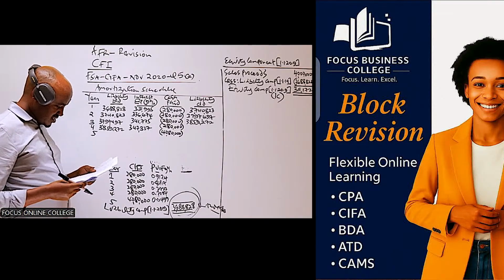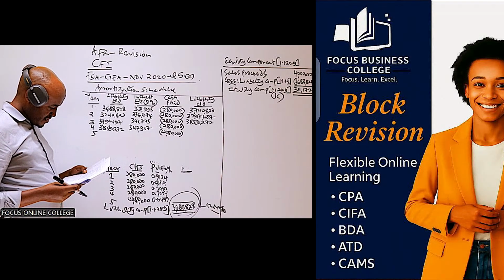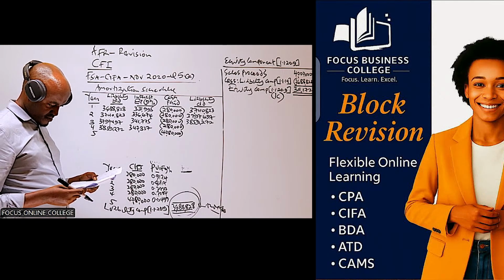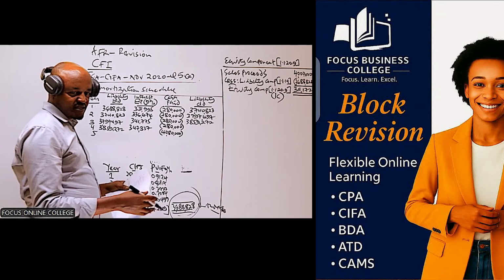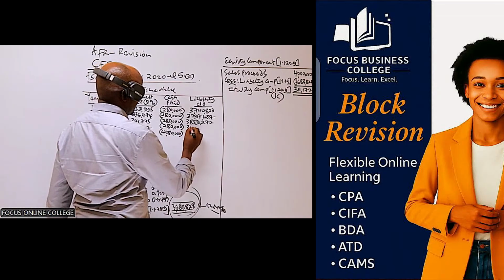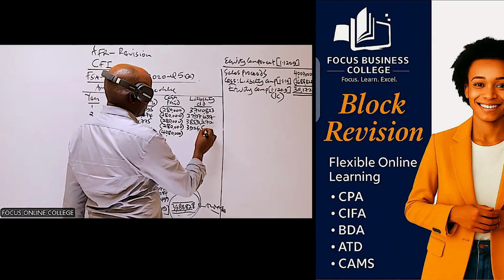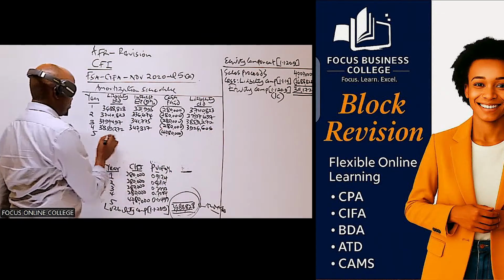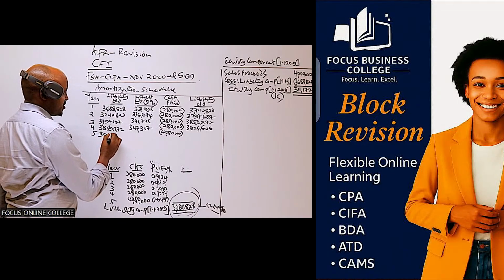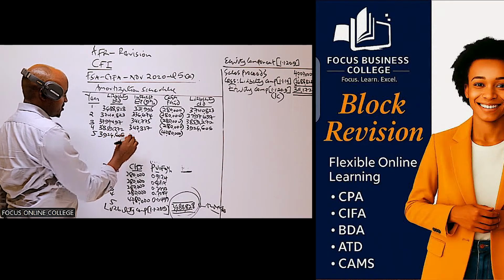The liability at the end of that year. The liability 3926,606. Yes, that will be the opening balance here, 3926,606.